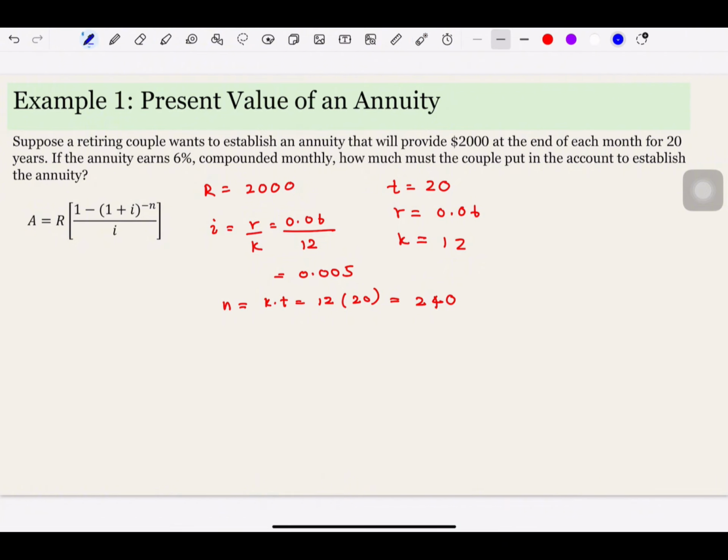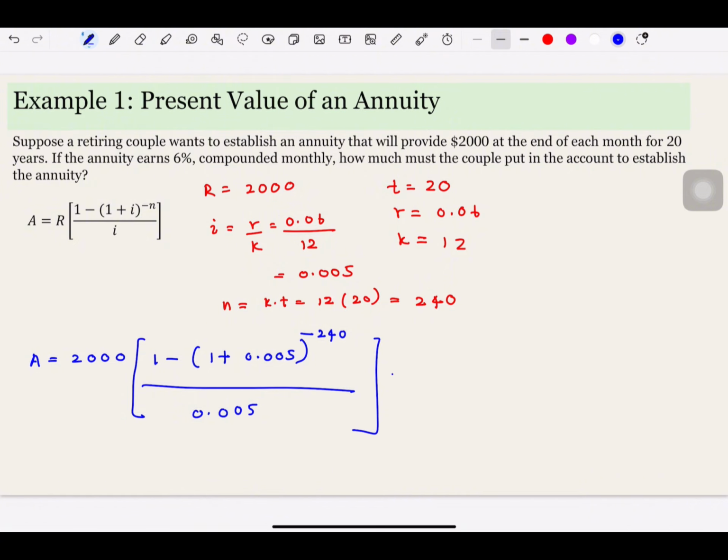So let me plug in these values. R is equal to 2000, times 1 minus (1 plus 0.005) to the negative 240, divided by 0.005.